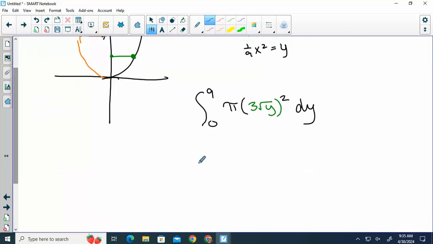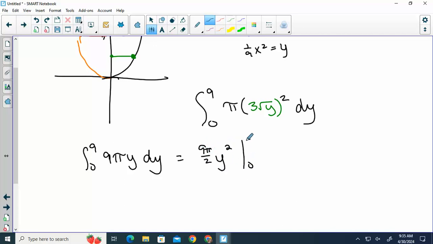So if you square that, it gives me a 9 pi y dy. Antiderivative of y is y squared over 2, so that would be 9 pi over 2, from 0 to 9. 9 squared is 81, 0 squared is 0. So 81 times 9 gets us 729 pi over 2.